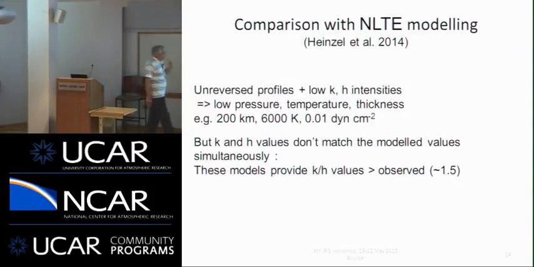Now we compare with the modeling that was discussed by Petre, 1D modeling. When you have unreversed profiles, low K and H intensity, basically you have to, in principle, without any strong velocity field, the only models that fit are low pressure and or low temperature and or low thickness. Something like 200 kilometers, 6,000 degrees, very low pressure, 0.01 dyn per square centimeter.